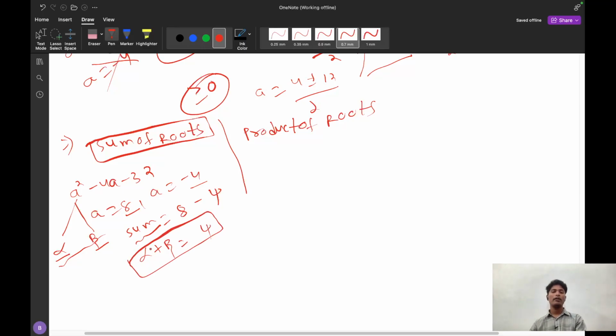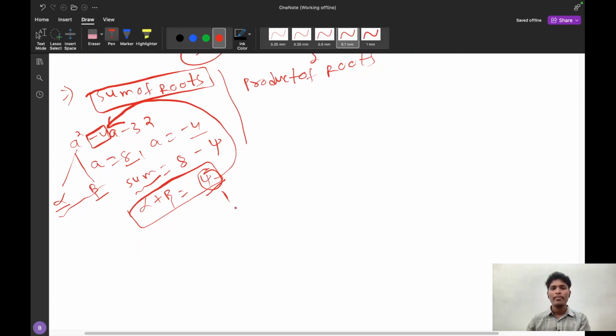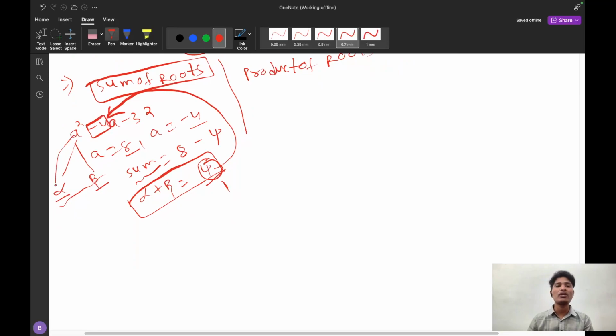And alpha plus beta equal to 4, you have to understand what is the value of 4 here. 4 is the coefficient of a here. Yes. And the coefficient is minus 4. And there is again a minus. Again minus 1. And there is a division of 1. Now, if I generalize the equation, what I will get? Sum of the roots alpha plus beta is equal to simply minus of b by a.